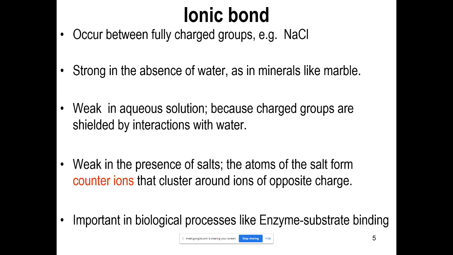Stability. Otherwise, in their isolated states, they cannot be stable. So the ionic bond forms when one of the elements involved in bond formation completely loses its electrons, and those electrons are accepted by another element.